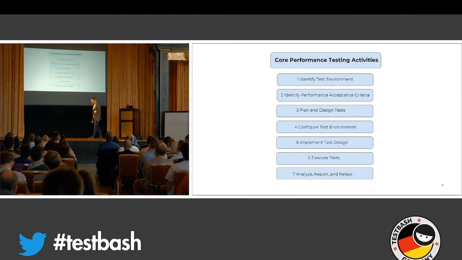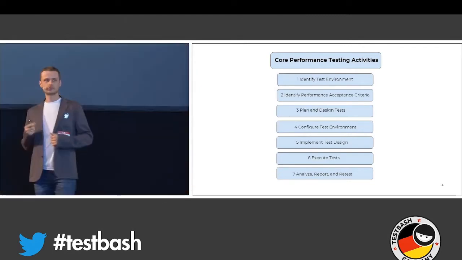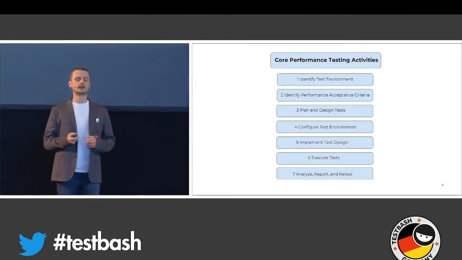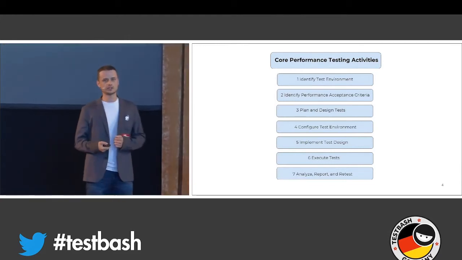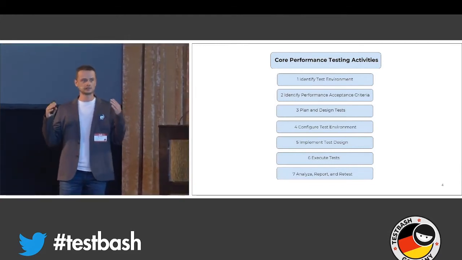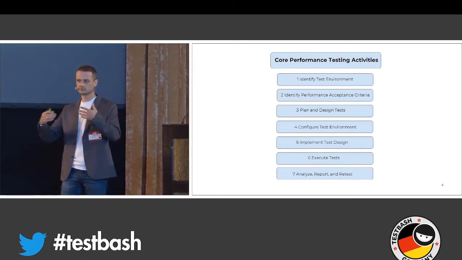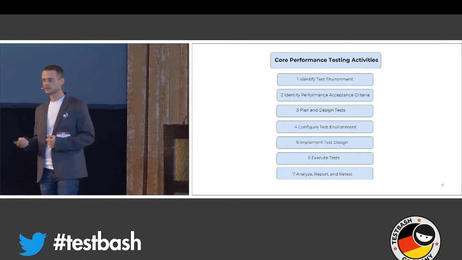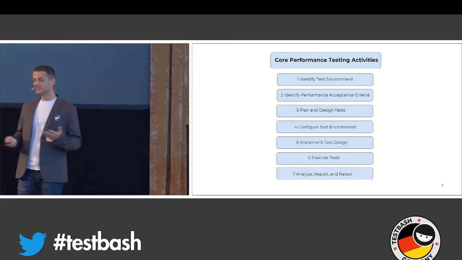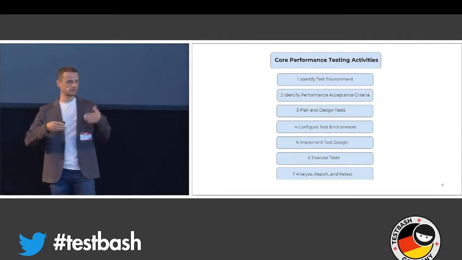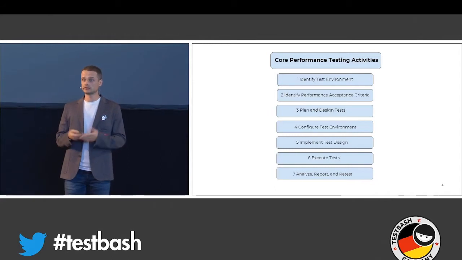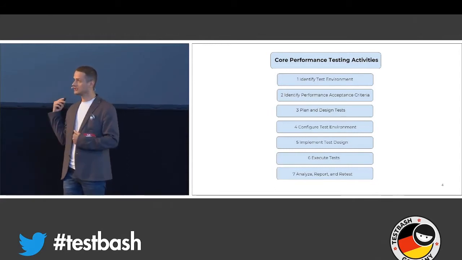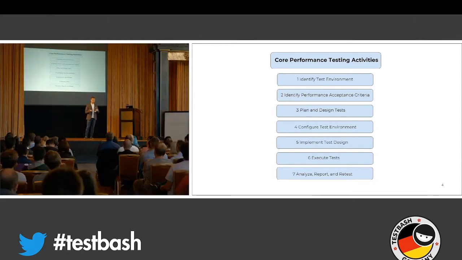So I remember when I was first asked by my manager to do performance testing on a web application, what I did is I Googled a bit. I found one tool, it was JMeter. I read a bit of documentation about it and started to write a script in JMeter and attack our test server, hopefully, with those scripts.